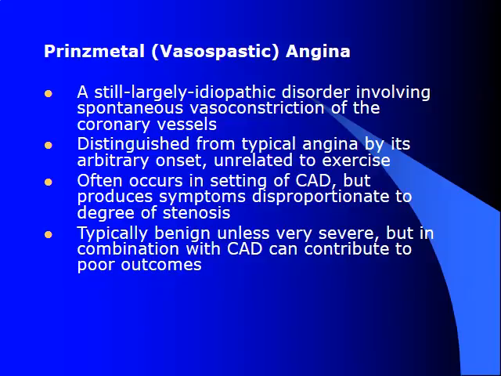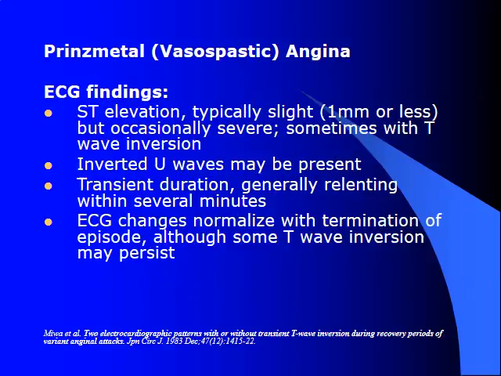It's not going to be related to exercise or exertion. Often it occurs in the setting of coronary artery disease, but it produces symptoms that are disproportionate to the degree of stenosis. So typically it's going to be benign unless it's very severe, but it can contribute to poor outcomes whenever it is concordant with coronary artery disease.